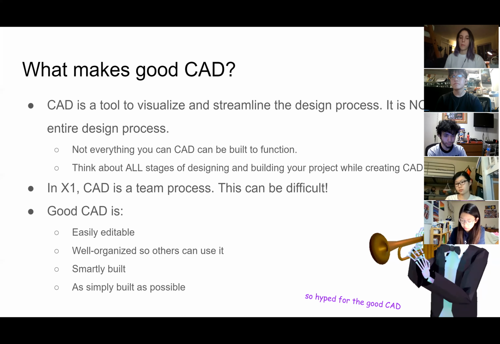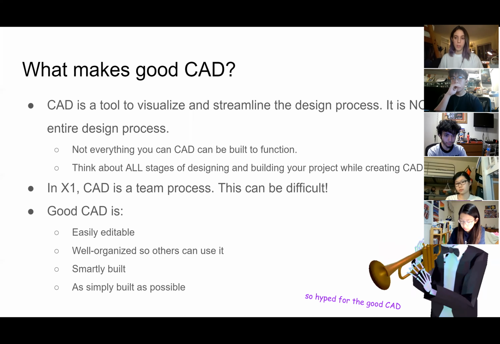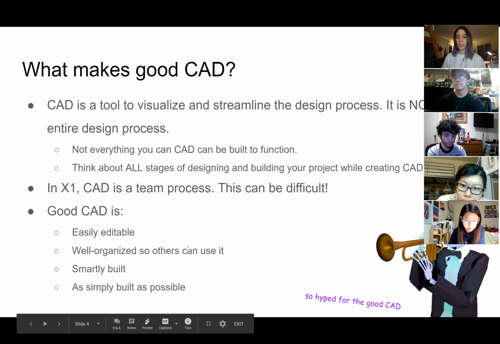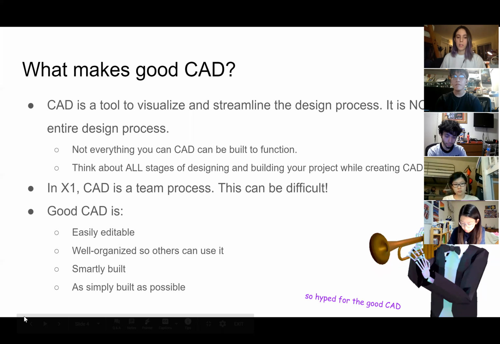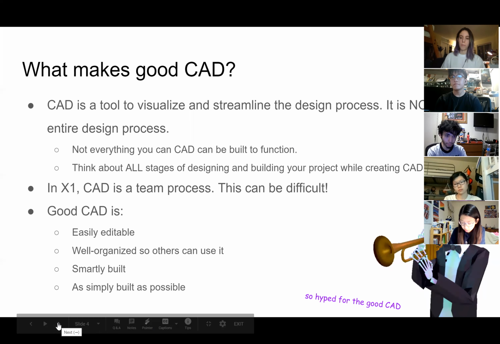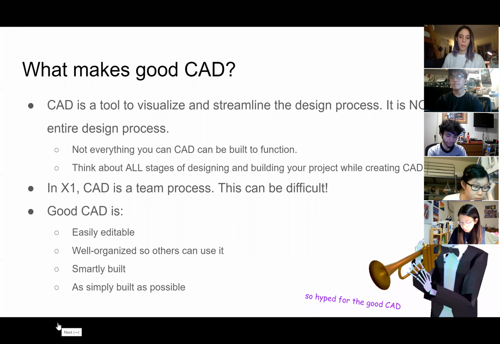So good CAD for a team is going to have a couple of points: easily editable if you want to change something later, well organized in terms of how you've built things, smartly built, which hopefully we'll learn a little bit about that today, and as simply built as possible is usually a good rule. If you have to make a bunch of different operations to make a shape that you could make in 2 operations, you probably want to do that.